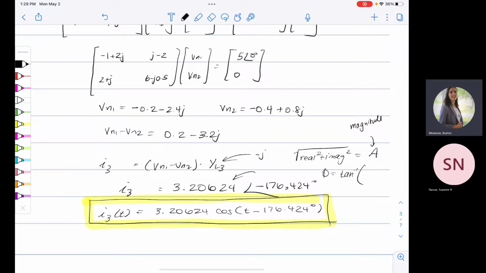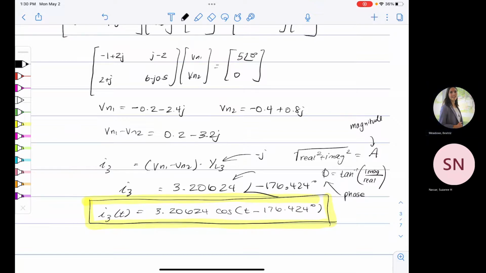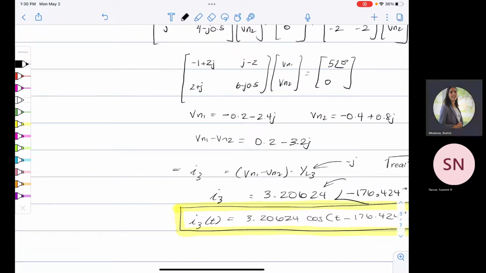But did you ever find the rectangular of I3? Here, I can find it.